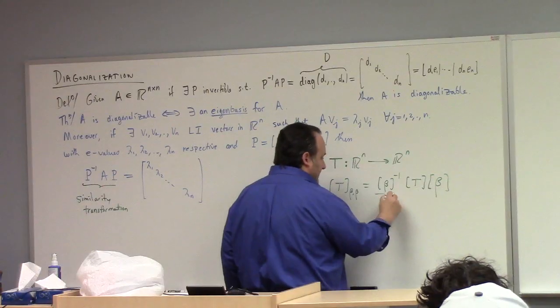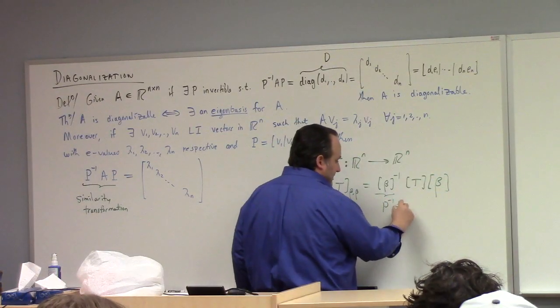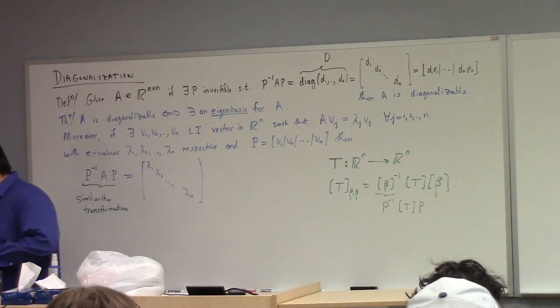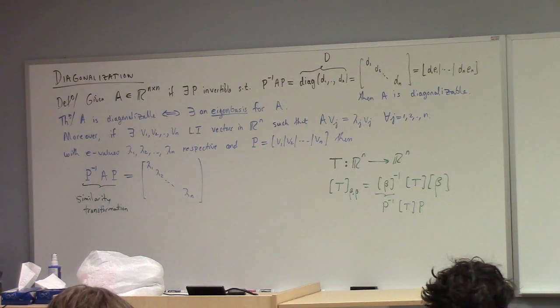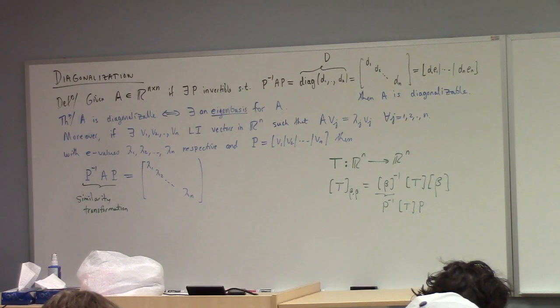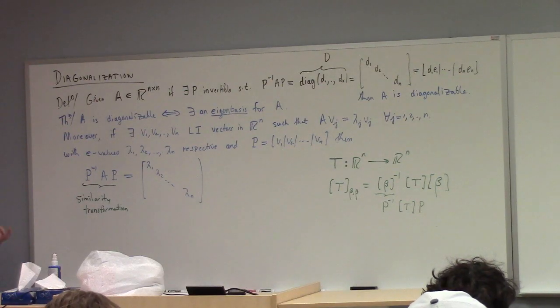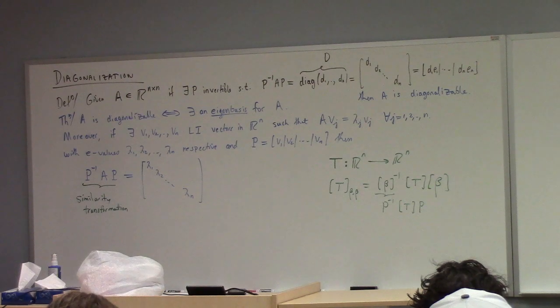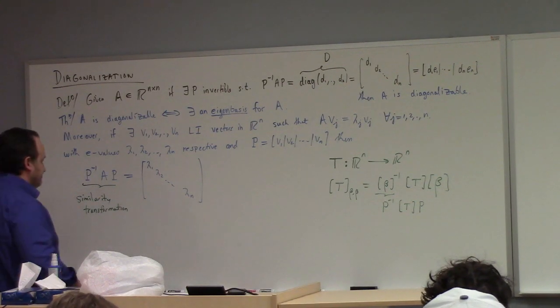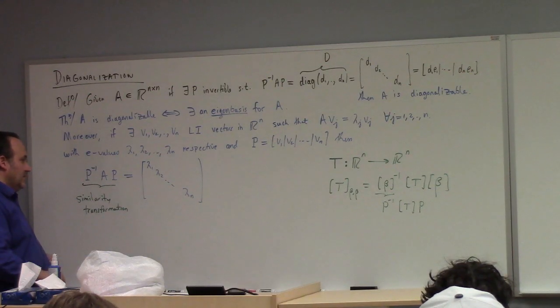So you can think of this as P inverse times the standard matrix times P. A similarity transformation corresponds to a change of coordinates for a linear transformation. Another way of looking at this result is that if you have a linear transformation and its standard matrix is diagonalizable, then there's a formula in eigencoordinates which makes the linear transformation especially simple.